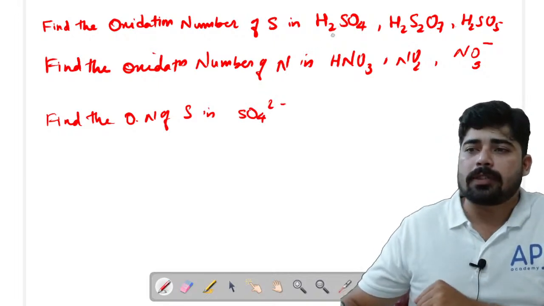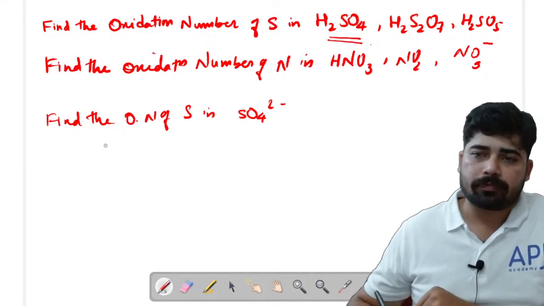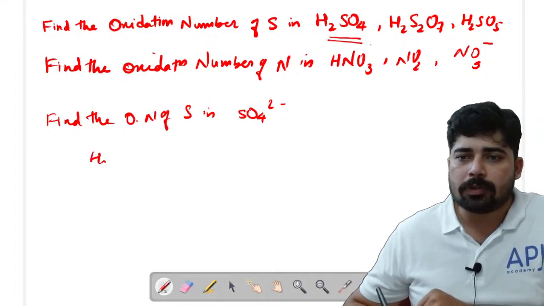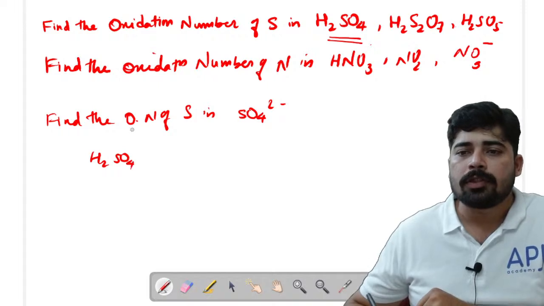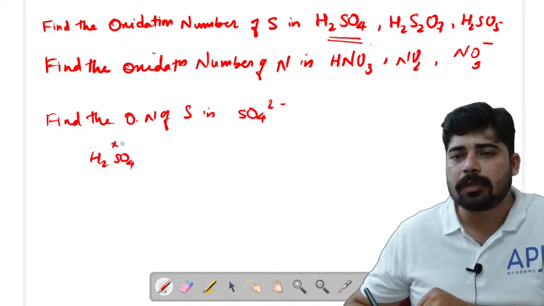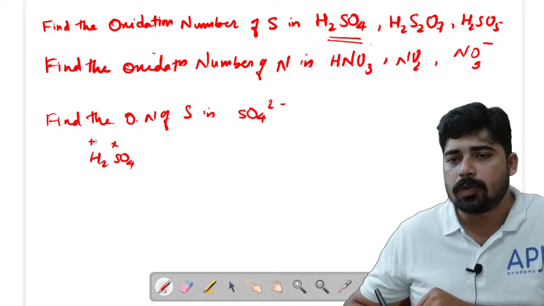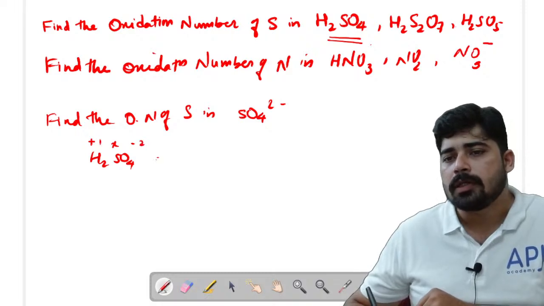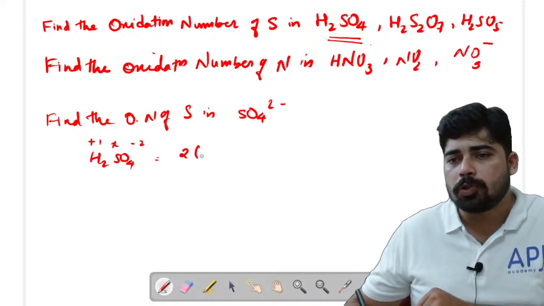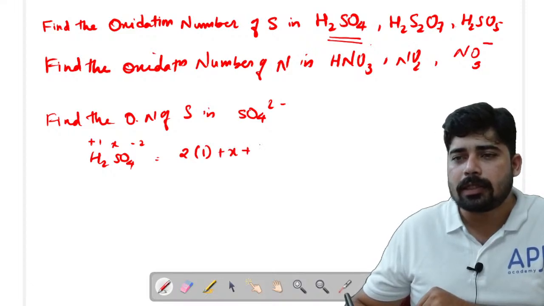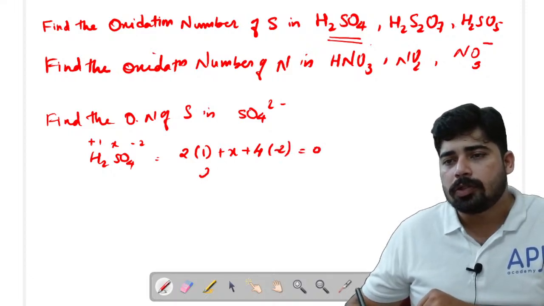Starting with H2SO4, you know that the oxidation state of sulfur should be taken as X. Hydrogen is +1, oxygen is -2. So 2 into +1 plus X plus 4 into -2 equal to the charge on the molecule, 0. So 2 plus X minus 8 equal to 0.